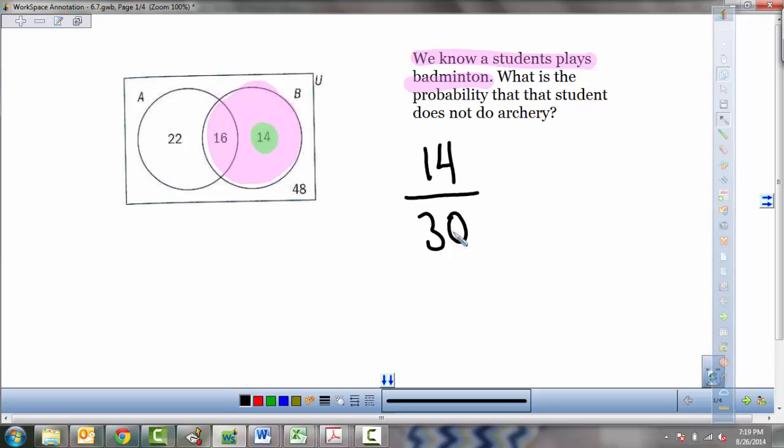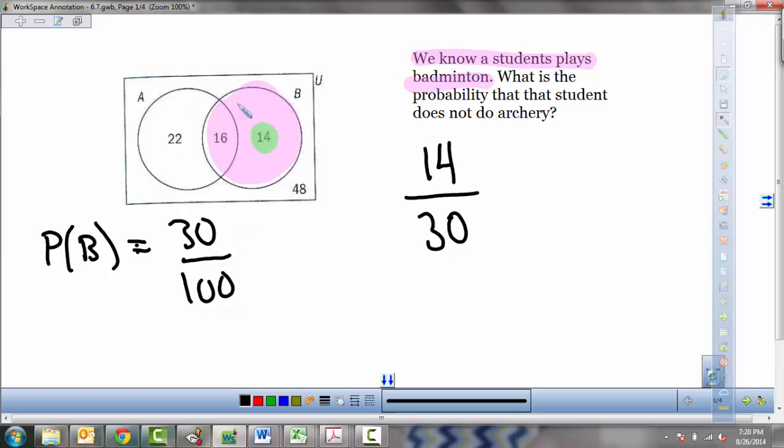down. So let's look for a second at where this comes from, using more of a probability notation. What's the probability of B? Well, the probability of B is going to be 30 out of 100.